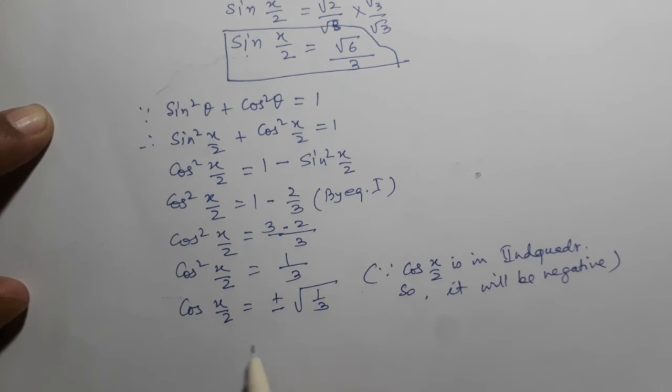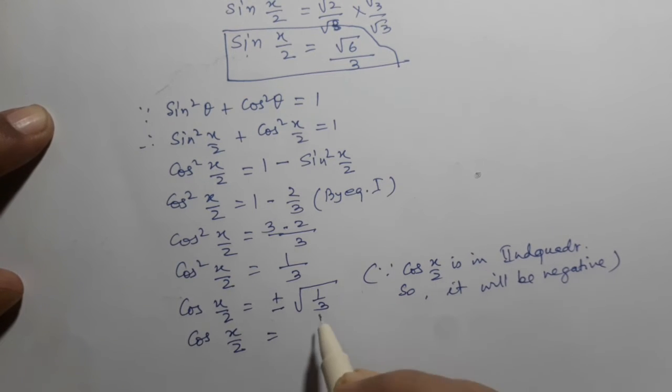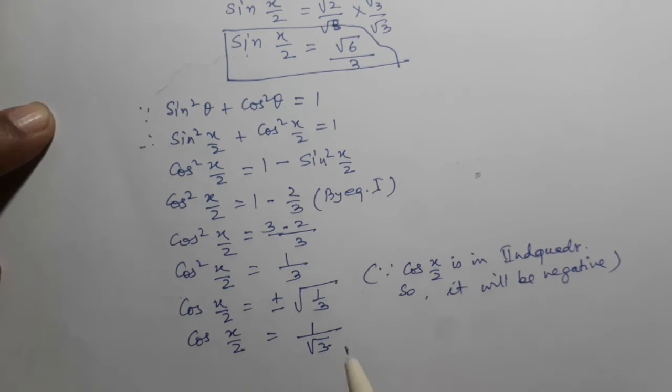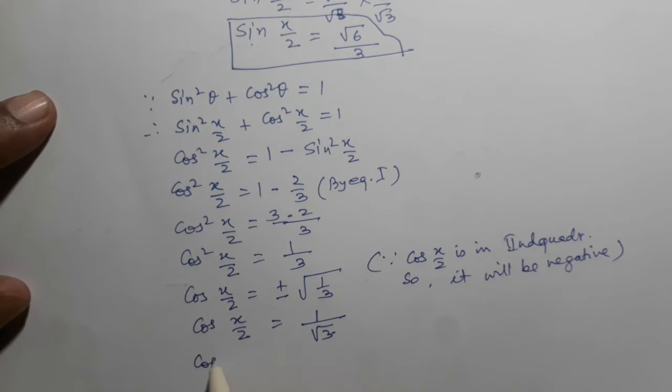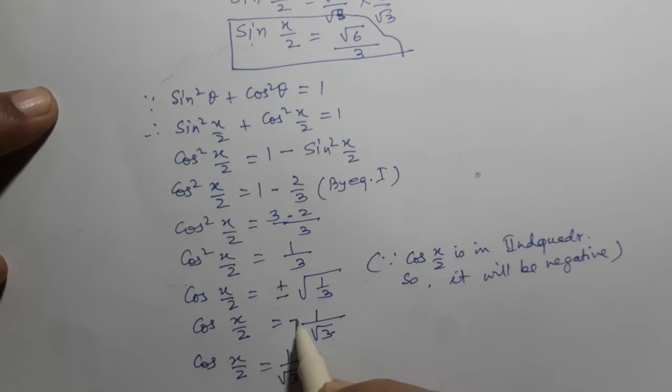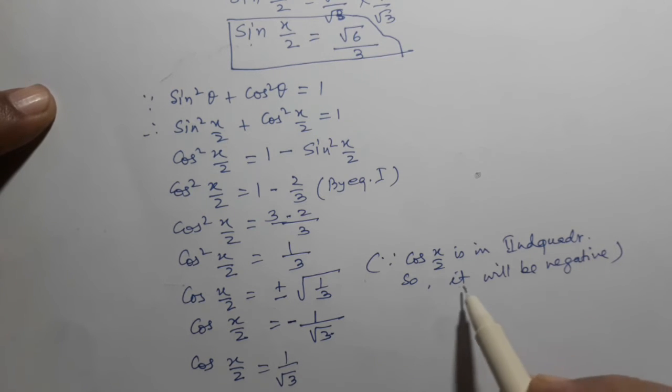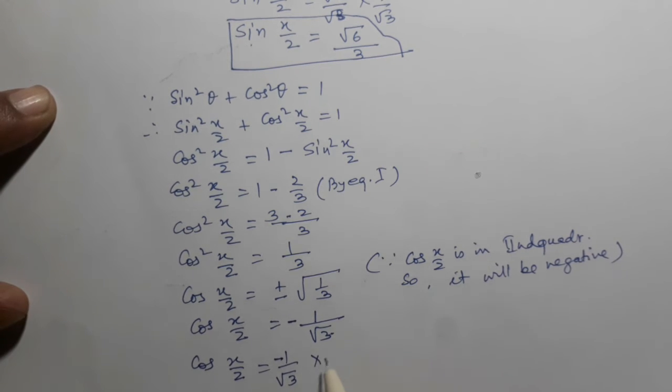So cos x by 2 will be minus 1 by root 3, and the denominator should not be in root, so we rationalize: minus 1 by root 3 into root 3 by root 3.